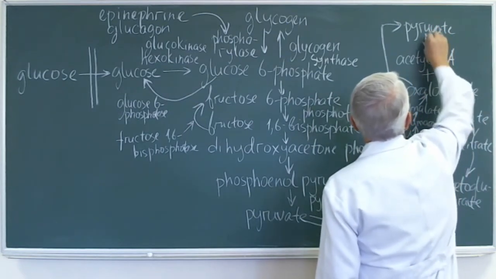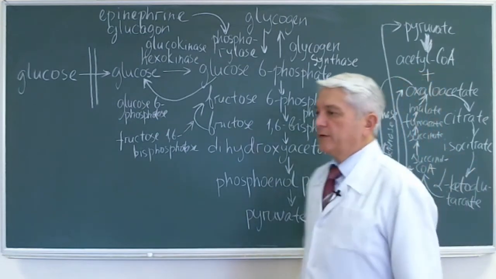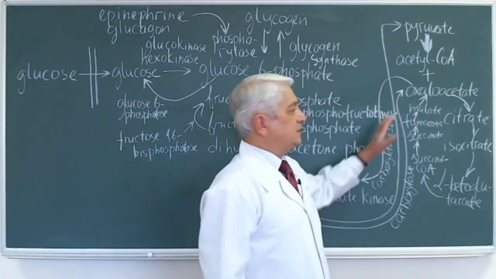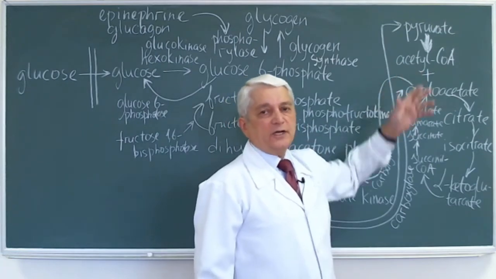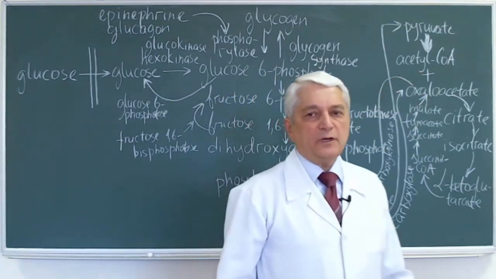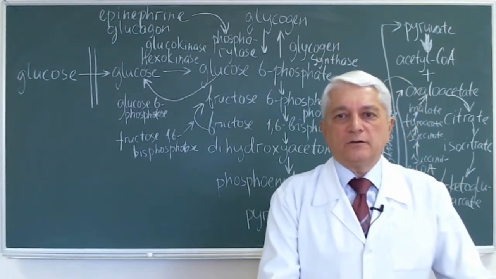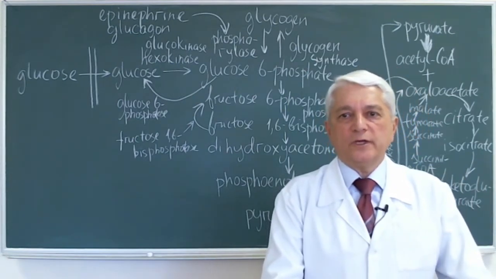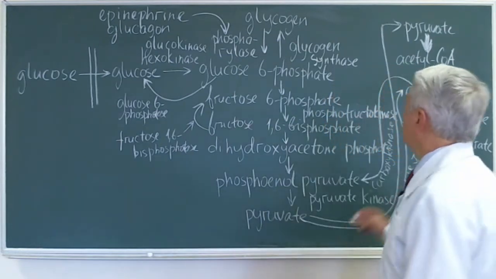So this reaction is absolutely irreversible. And if we have problems with citric acid cycle and a lot of acetyl coenzyme A appear in our organism, there is only one way, by synthesis of so-called ketone bodies.